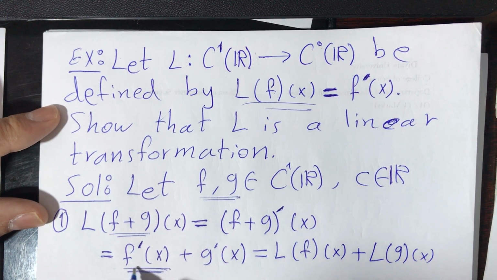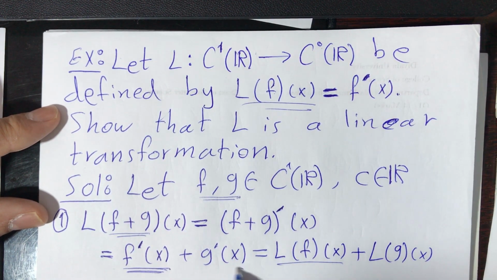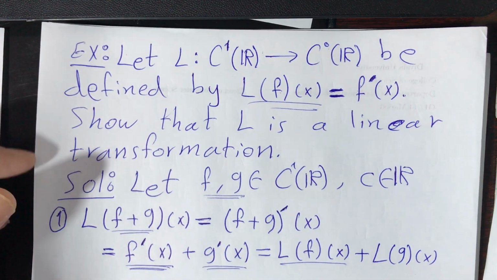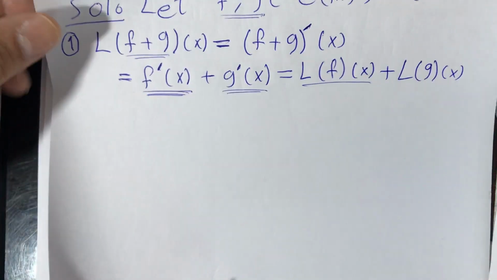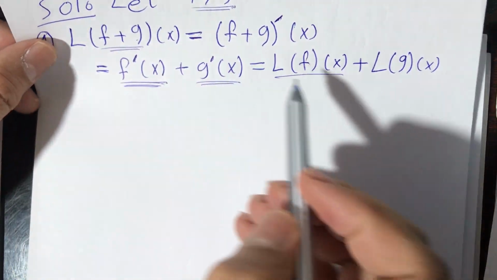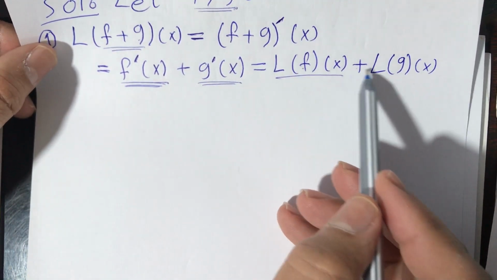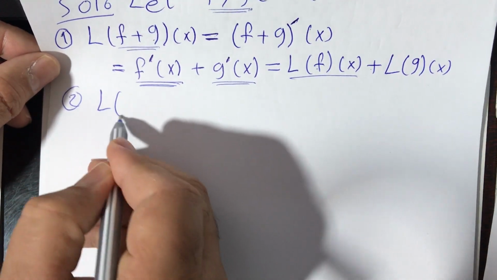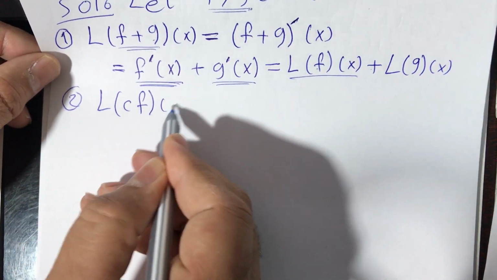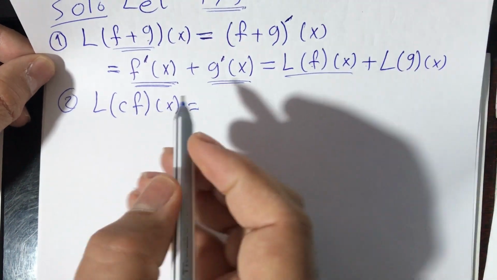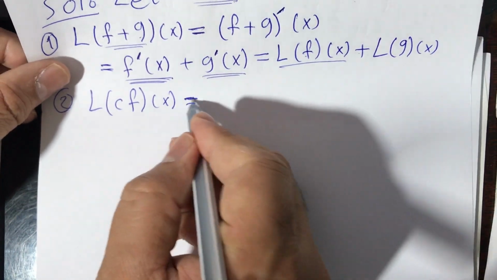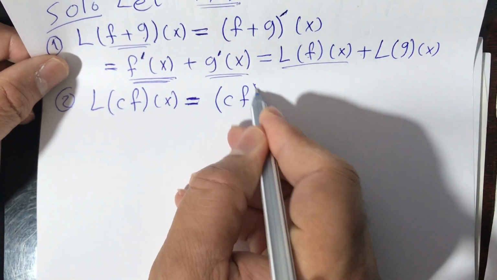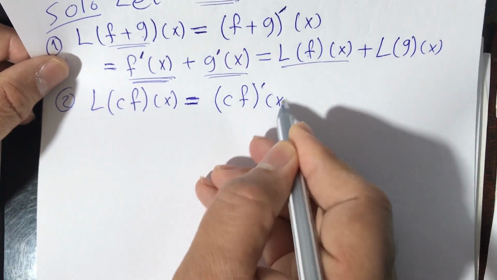This is equal to L of f, and this is equal to L of g. This is the first condition: L of f plus g is equal to L of f plus L of g. And the second: L of cf of x is equal to c f prime of x.